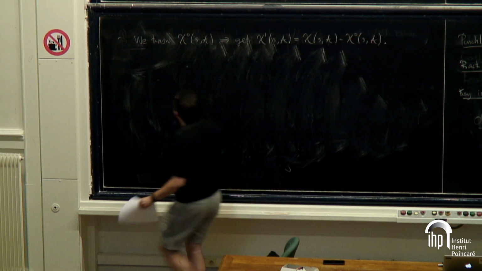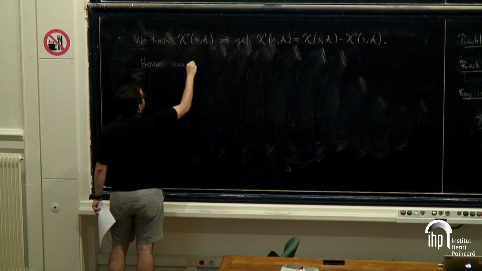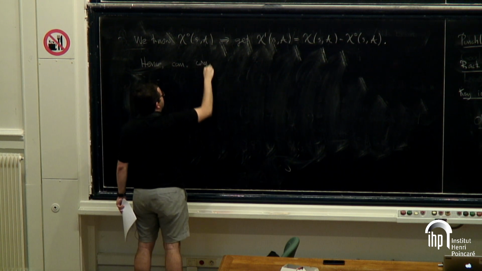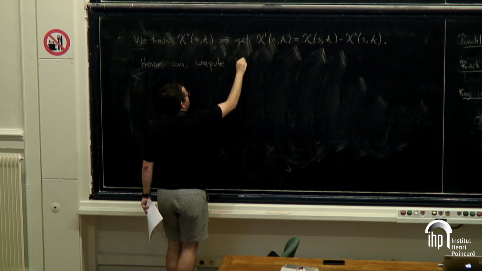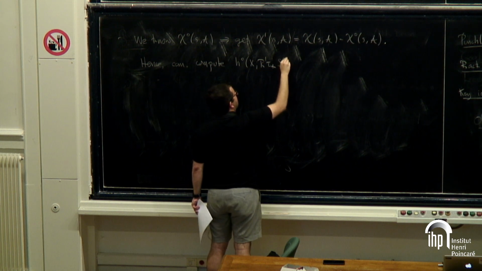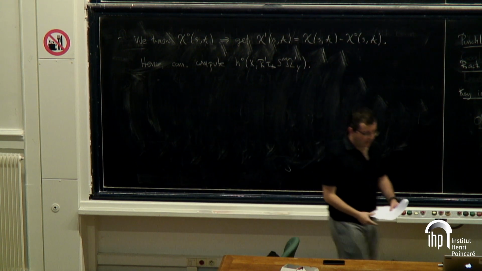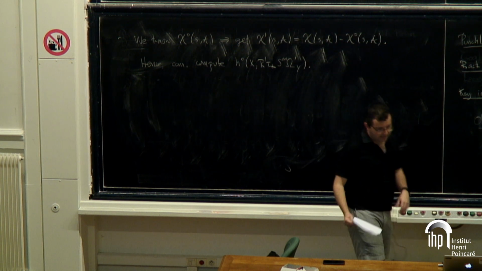And hence you can compute this h0 of x r1 lower star of Sm omega 1 by adding up L times this chi1.